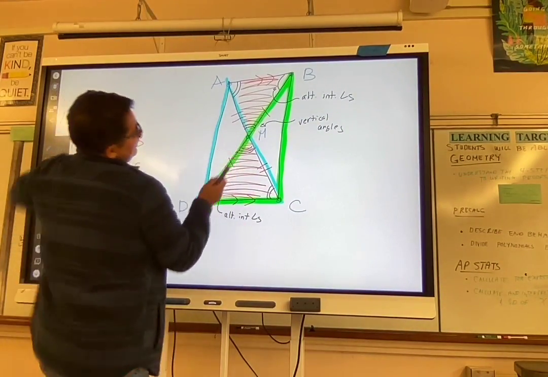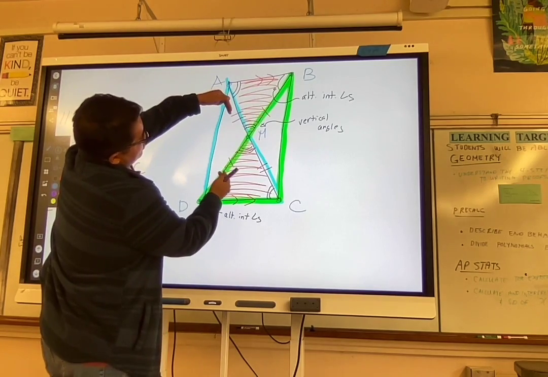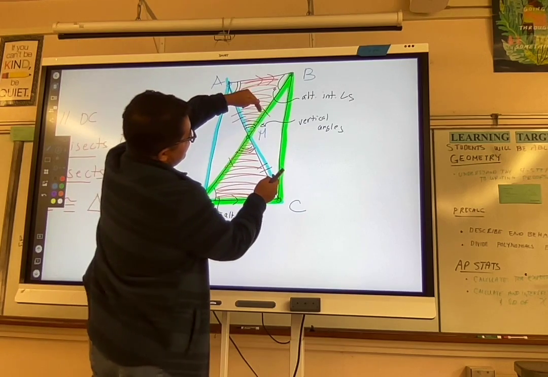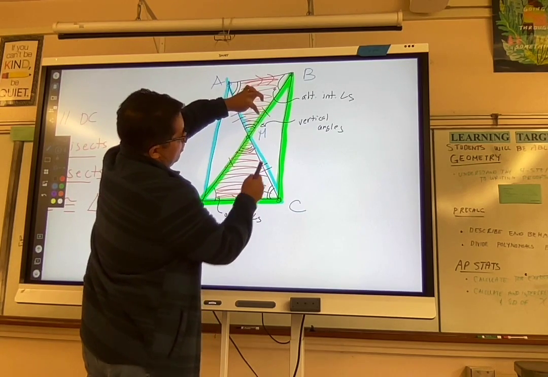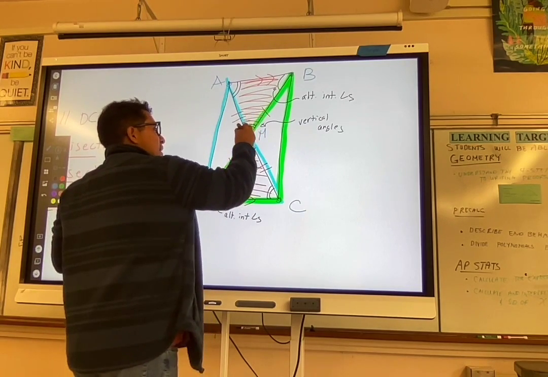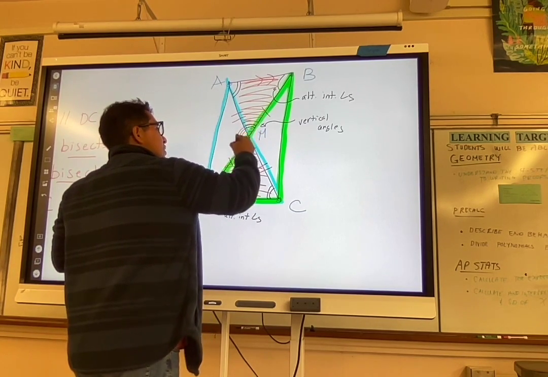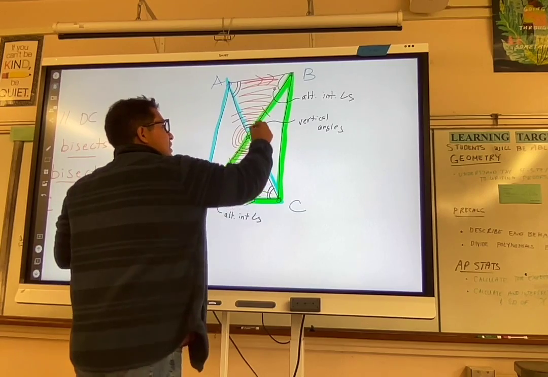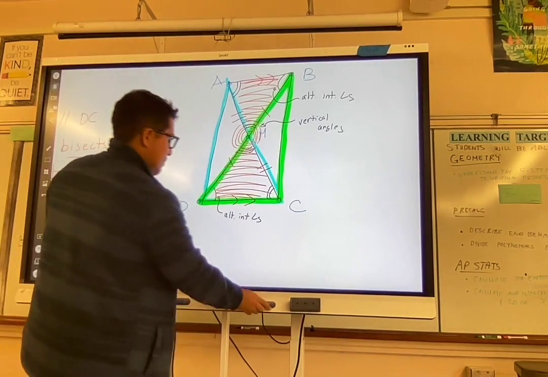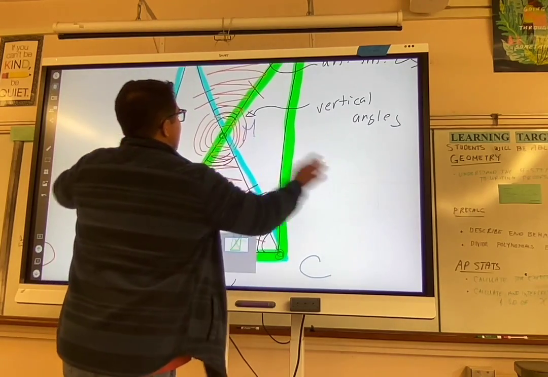So one thing we could say is, hey, these two sides are congruent because this has 2 tick marks and 1 tick mark, and these two sides are congruent because this has 1 tick mark and 2 tick marks. Just as we said before, here I'm going to have to use 4 angles: 1, 2, 3, 4. Why are these 2 angles congruent? If you're watching the video, let me zoom in a bit. Why are these 2 congruent?